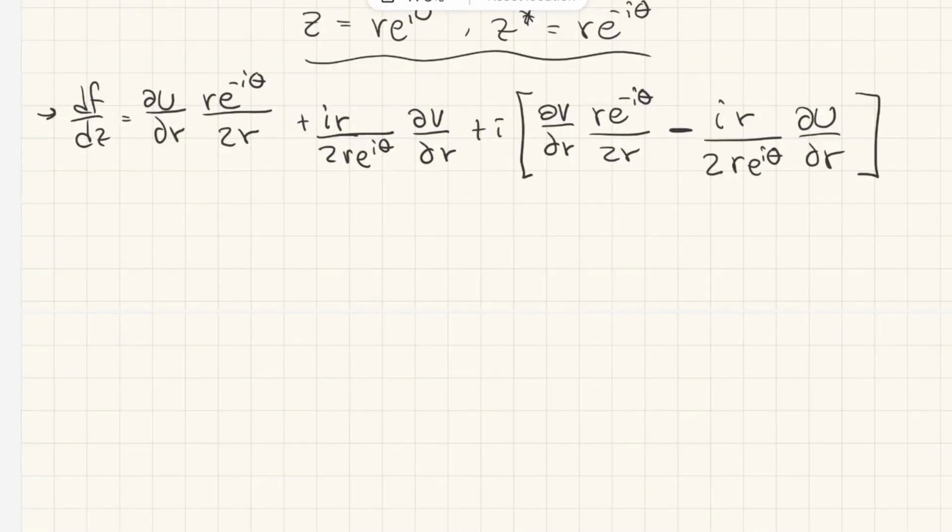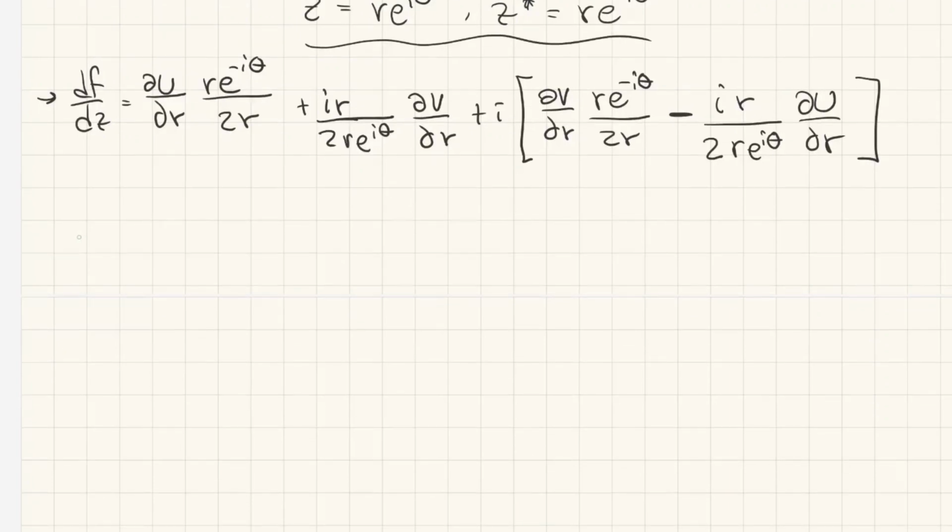Perfect. So we are also going to be interested in showing this as the real part plus i times the imaginary part, right? So we are going to separate both quantities to get the next, and we are going to simplify, of course. So the derivative of f with respect to z will be the derivative of u with respect to r, e to the negative iθ divided by 2.